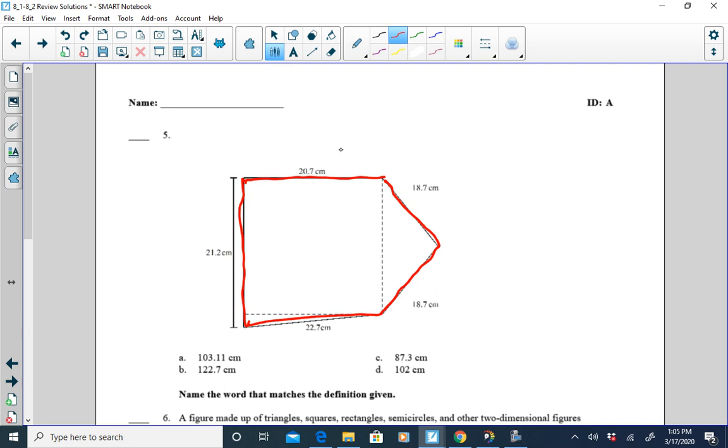So let's do 21.2 plus 20.7 plus 18.7 plus another 18.7 plus 22.7, and that gives us 102 for the perimeter, which is answer D.